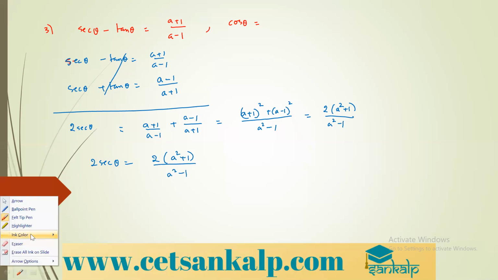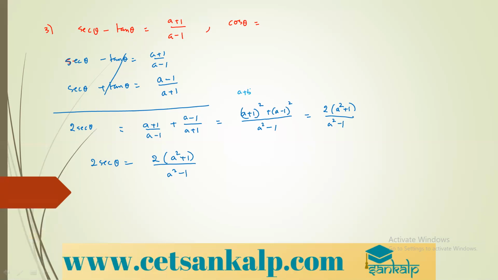How did I get this? I have used a formula: a plus b whole square plus a minus b whole square is 2 into a square plus b square.